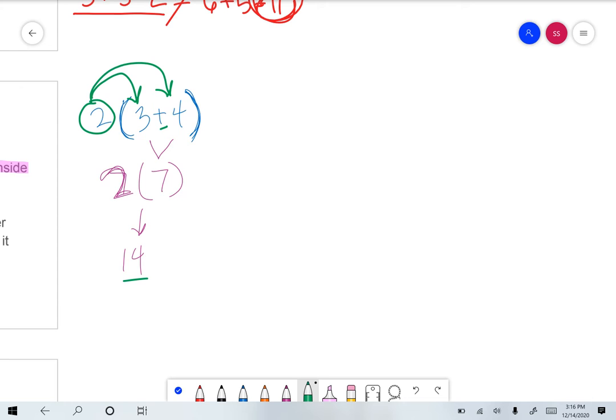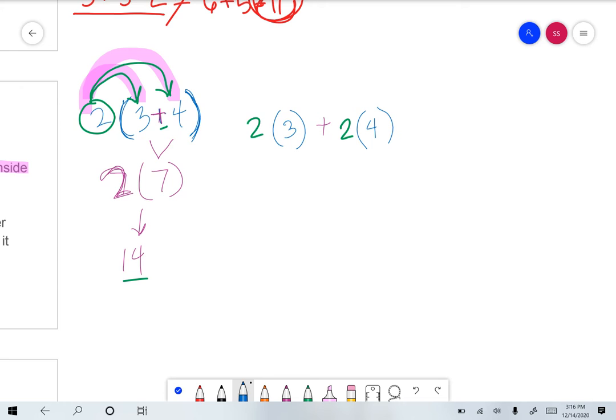Again, we can multiply anything that's outside the parentheses, so 2, by anything that's inside the parentheses, so we're going to do 2 times 3, and then we're going to add, because this is being added here, 2 times 4, because again, we're multiplying whatever is outside by everything that's inside, so 2 times 3, and 2 times 4.